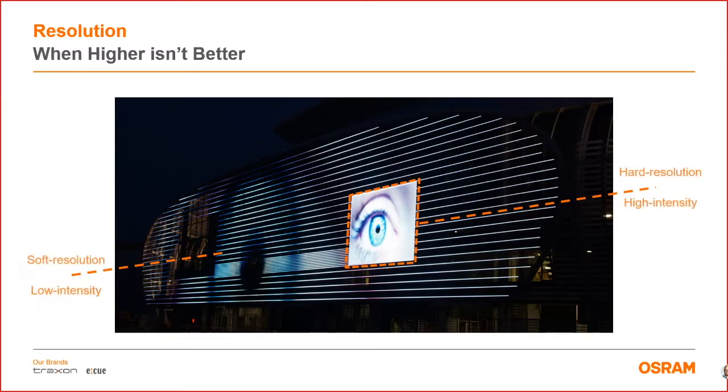And really, maybe we're shifting towards talking about soft resolution of media lighting versus the hard resolution of a video screen. The hard resolution and the rather high intensity of a video screen really doesn't just draw an occupant's attention, it forces the attention, it demands attention. And that is sometimes important in a media context.